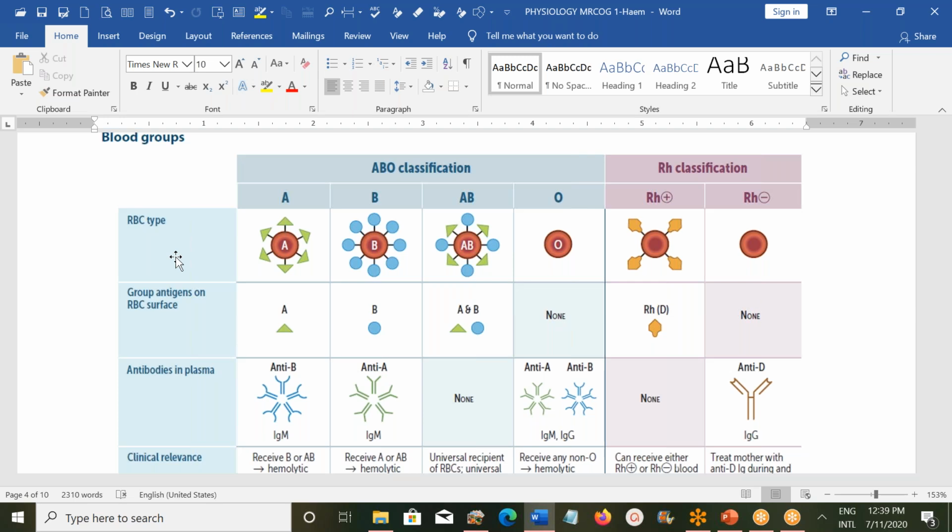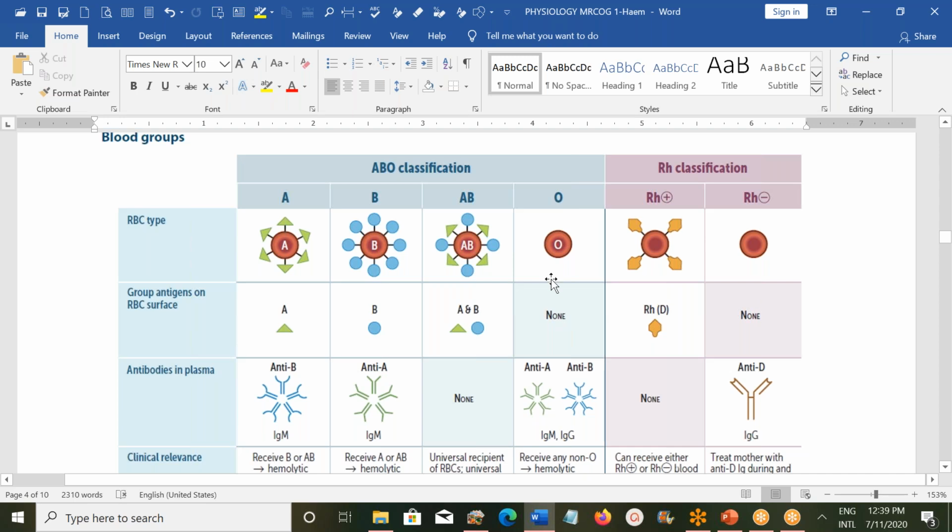A, B and H antigens have very similar structure and differ in the sugar, which determines their specificity. If the H gene is present, it codes for enzyme H, which attaches fucose to the basic glycoprotein to form the H substance. This H substance is the precursor of A, B or O antigen.